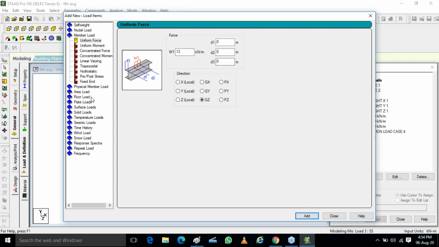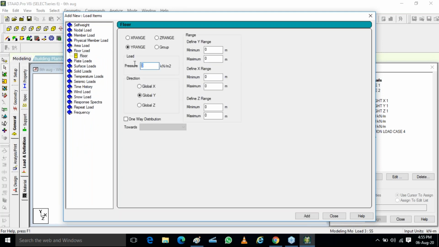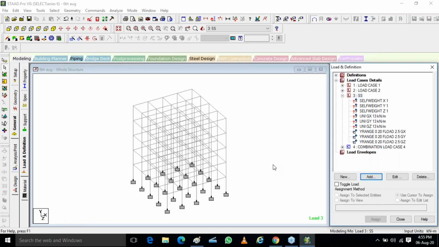Along with this, I have to define the floor weight also. This is a very big step that I forgot. 2.5 kilonewton with 20 meters Y in global X, global Y, and global Z. I am doing this only to define the seismic mass of a building, which is called WI.